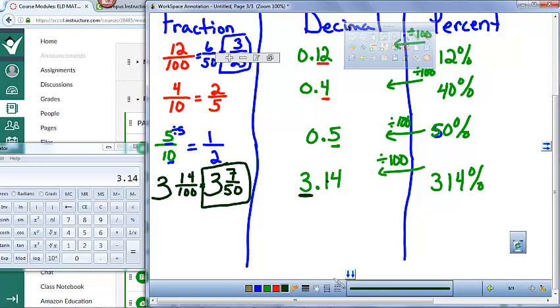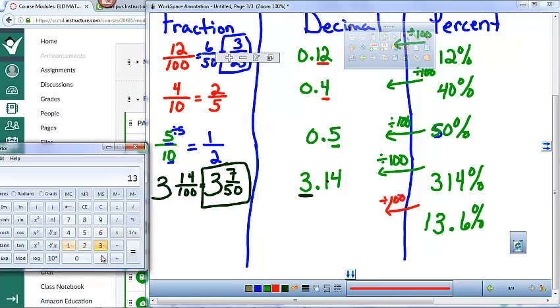Sometimes you may have a percent like 13.6%. So to change it, you still divide by 100.